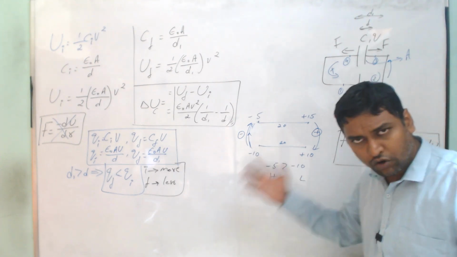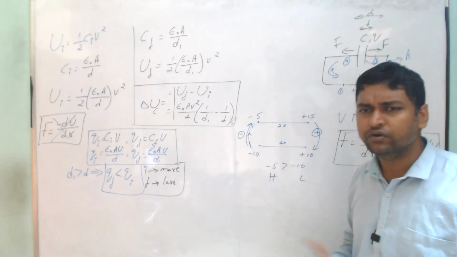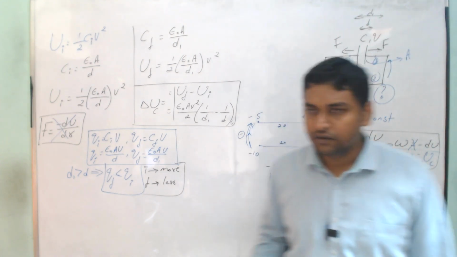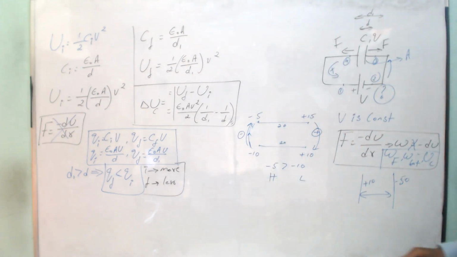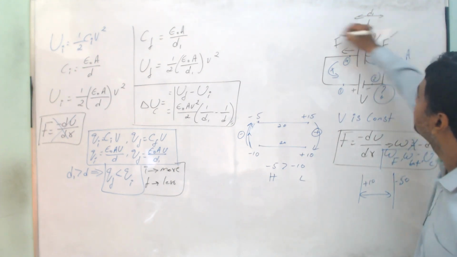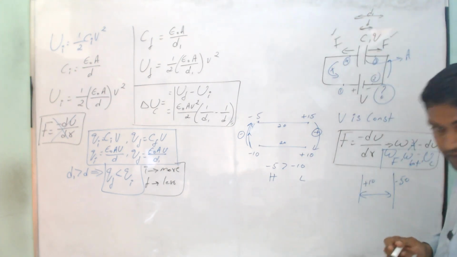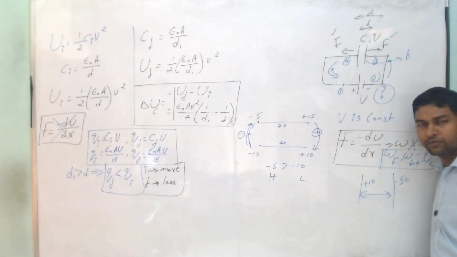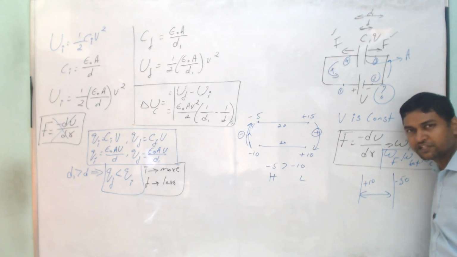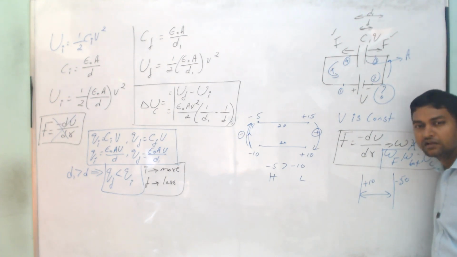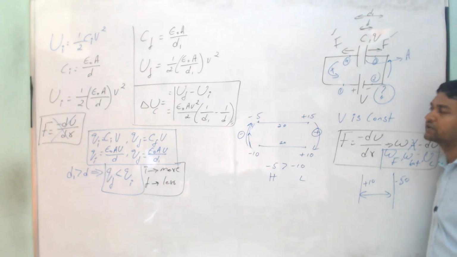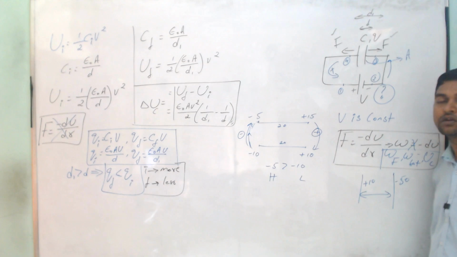It should happen automatically; I don't have to externally do anything to make that happen. But here I am pulling the plates away from each other externally. That means it is not an automatic process, it is happening by an external agent. So high potential, low potential is not applicable here.